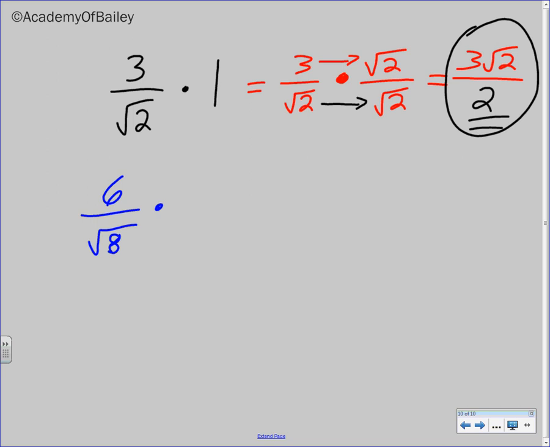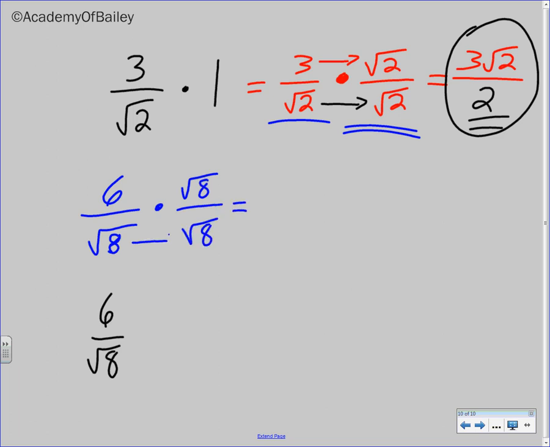You know the square root of 8 will simplify. Let me show you both ways. Ideally, just to follow what happened right here, you multiply by the square root of 8 over the square root of 8. Because on the bottom, the square root of 8 times the square root of 8 is equal to 8. And then we have 6 times the square root of 8 on top.